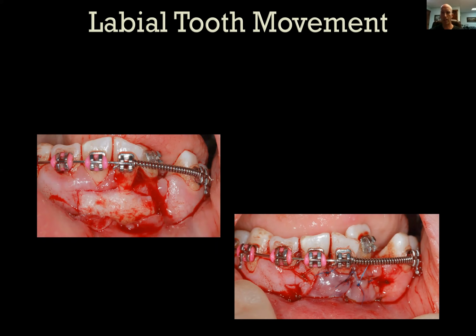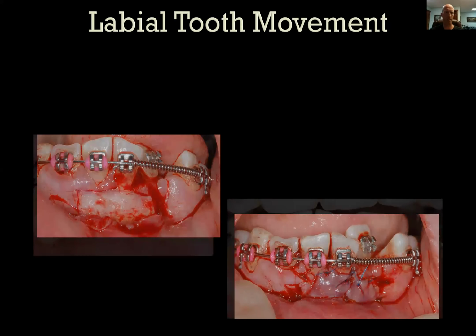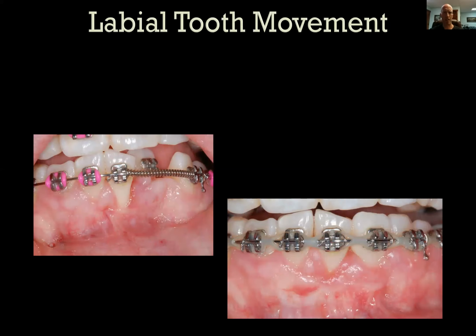We then did a lateral pedicle flap or a sliding flap over that connective tissue graft, sutured that into place. There's the initial, and then there's the final after 23 was moved into place. And so a decent result and attachment gain on the facial of 24.